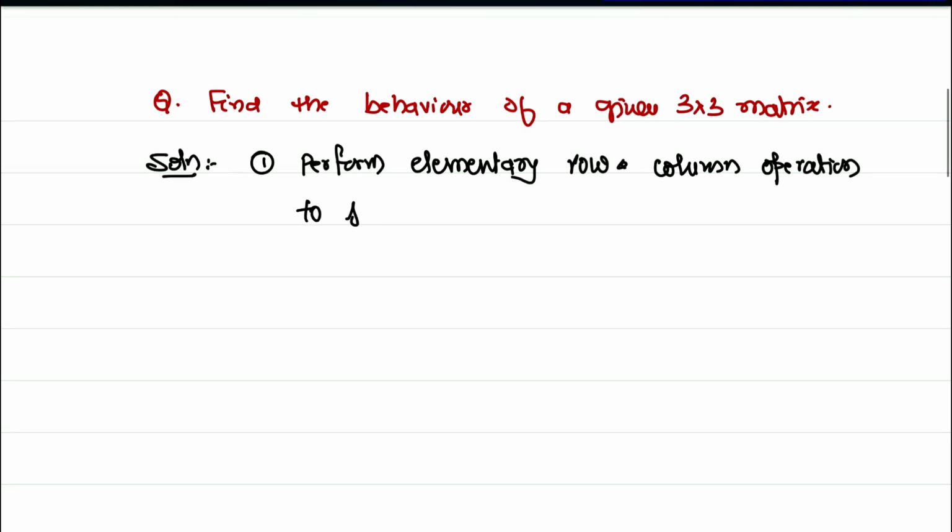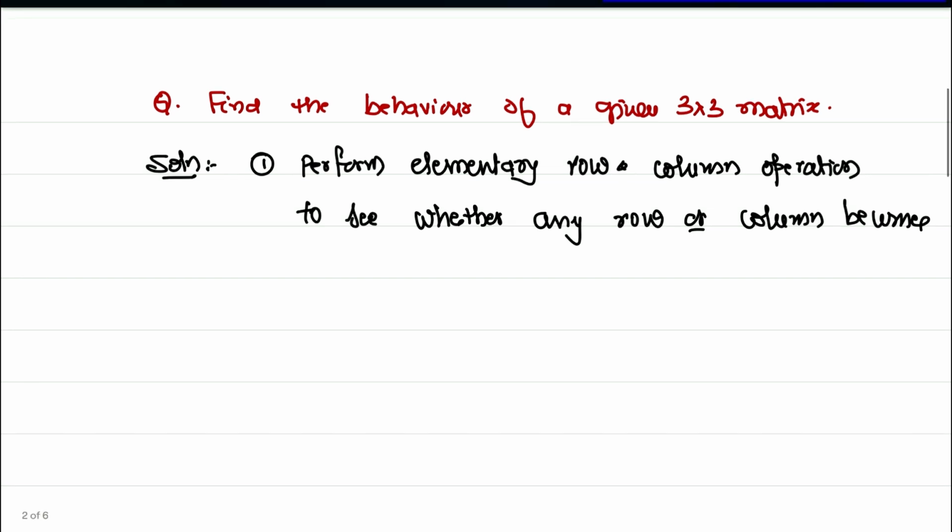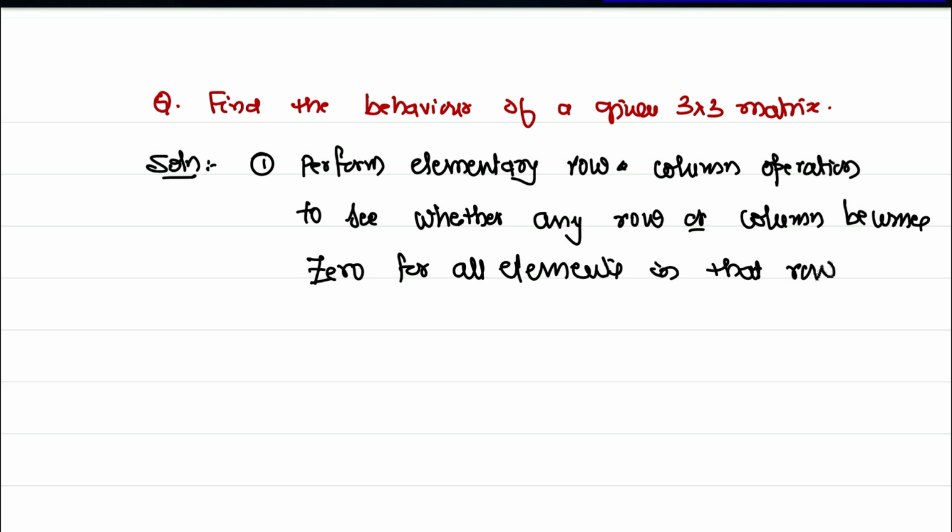See whether any row or column becomes 0 for all elements in that row or column.